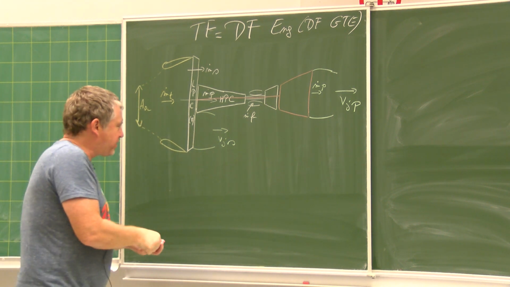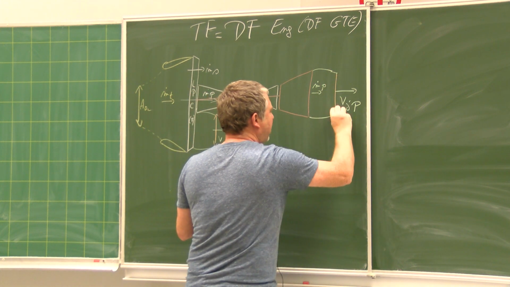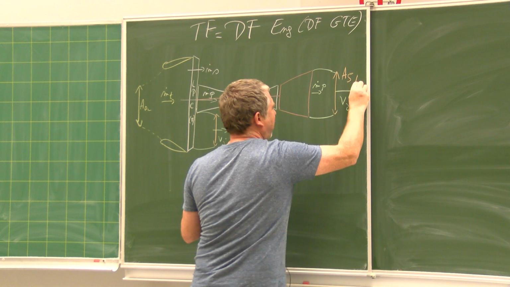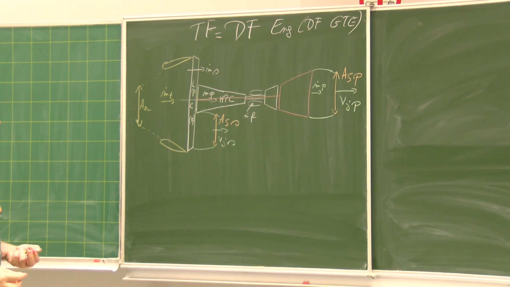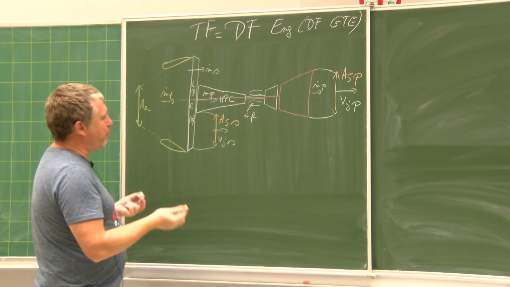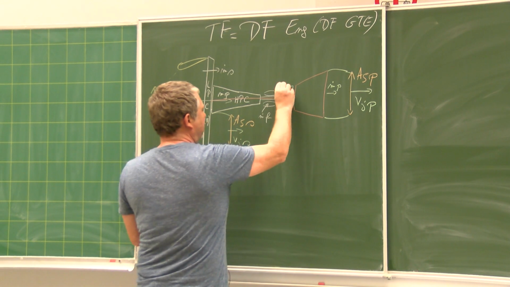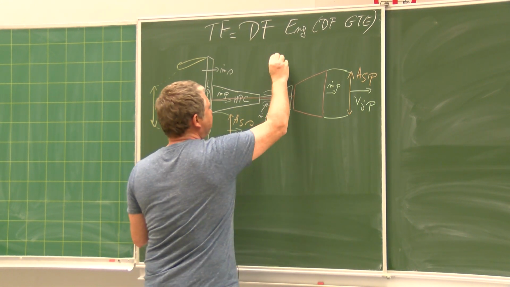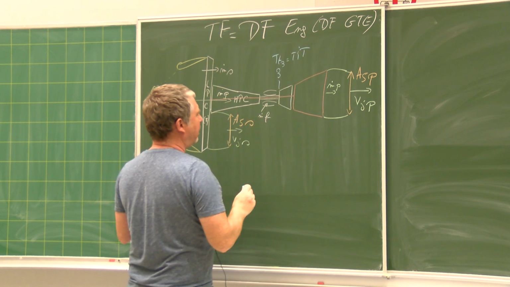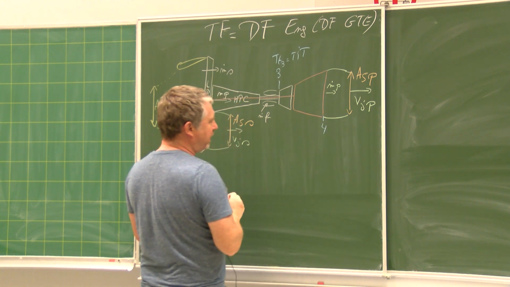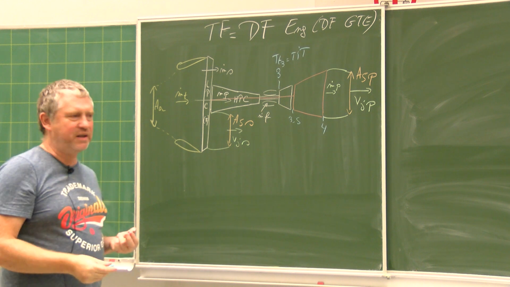And we have also said at the end of the last lesson that there are now two A5, an A5 primary and an A5 secondary. And of course, we have introduced new sections if we want to give a complete drawing. So it's still the section 3, where we have the TT3 that is equal to the TIT. We still have the section 4 here. If you want, you can introduce a section 3.5 here.